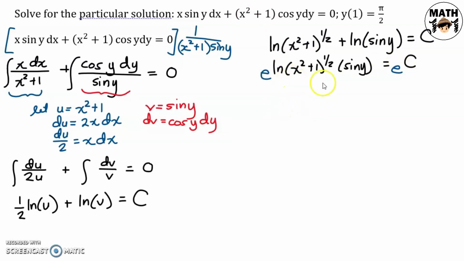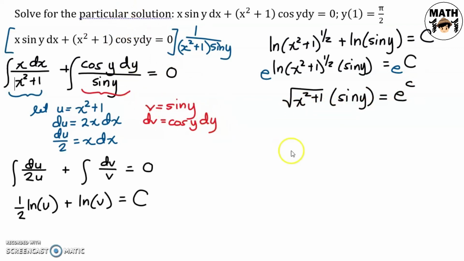So, therefore, this term, square root of x squared plus 1 multiplied by sin of y, that is equal to e raised to c. So, this also is a general solution of the differential equation. It's just a matter of simplifying c. So, nakadepende kung paano mo gustong i-present si c, but this is also a valid answer for the differential equation.